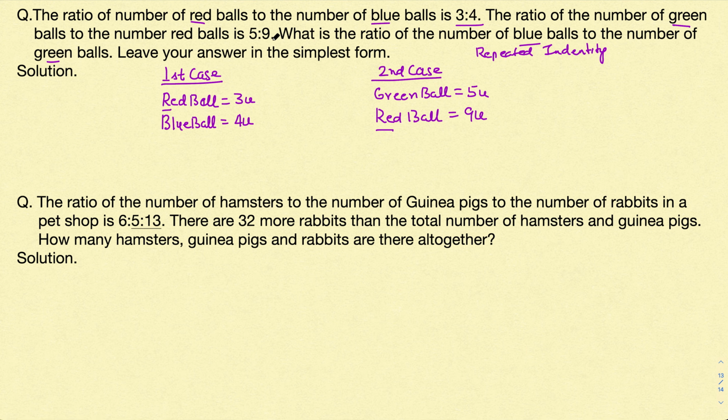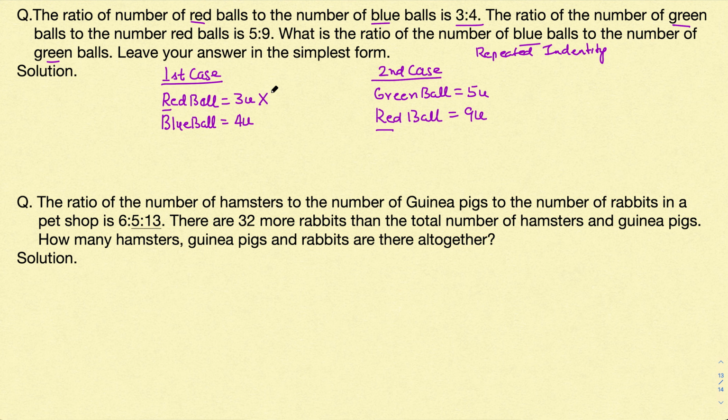But actually the number of red balls is the same, so the number of units of red balls we can also make the same. In the first case it is 3 units, in the second case it's 9 units. Can we make 3 to 9, or shall we make 9 to 3? I think making 3 to 9 is easier, because we just multiply it by 3.